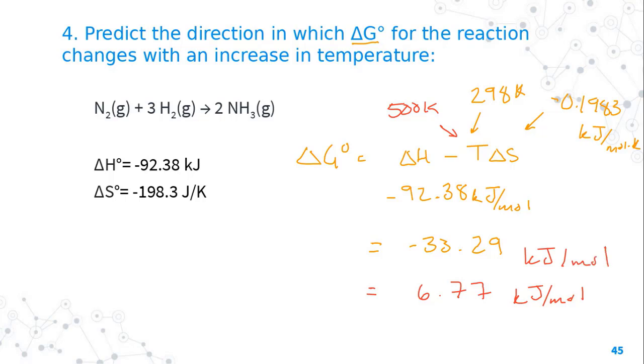So this is going to be spontaneous originally, but now it's non-spontaneous. So this is one of the ones where as you increase temperature, you're becoming non-spontaneous. All right. Let's go ahead and move on.